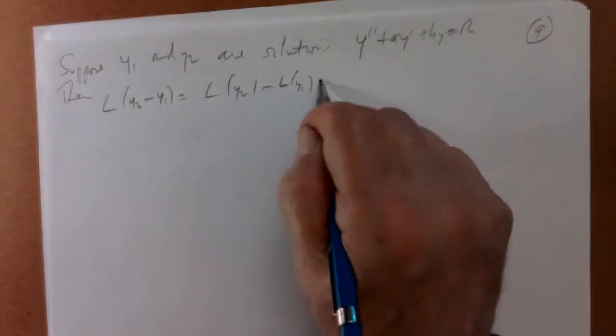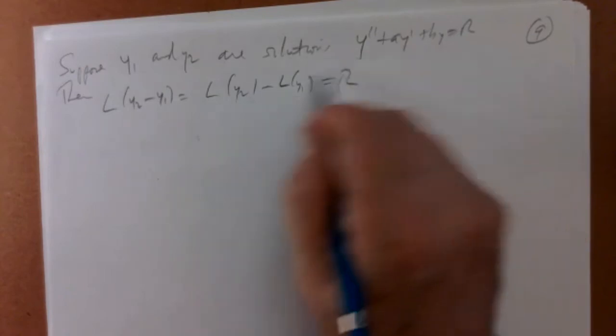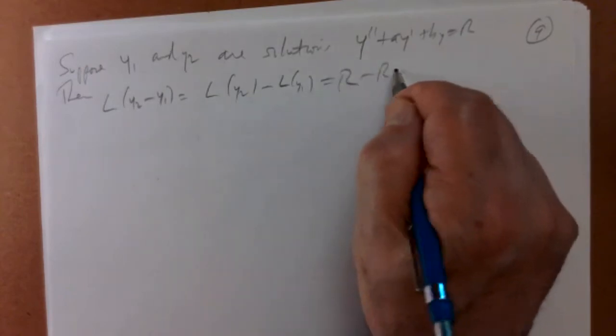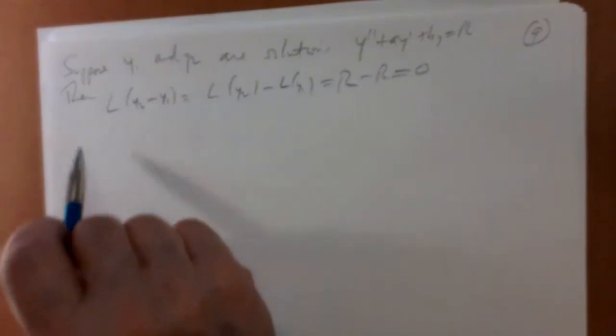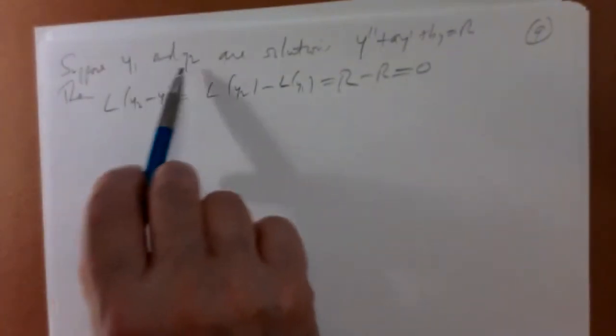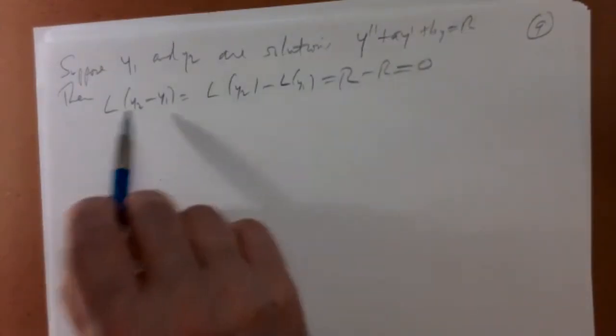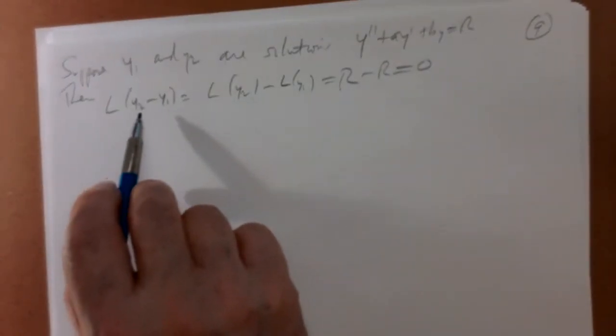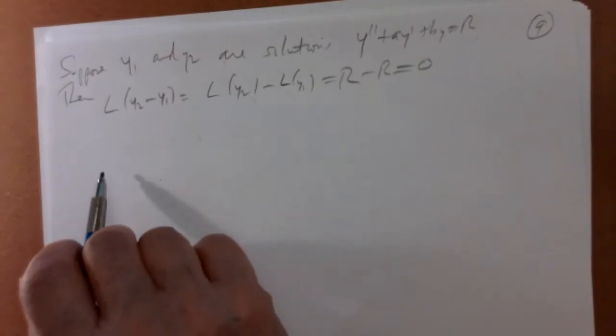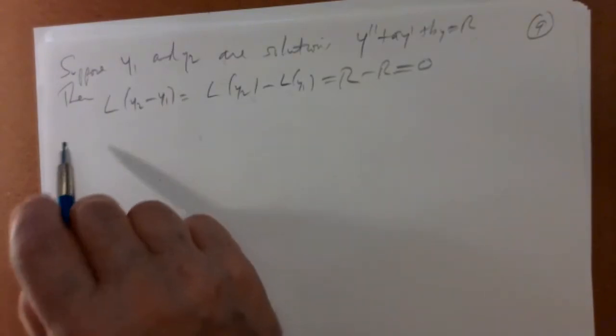So L of y2 is equal to r, L of y1 is equal to r, so we get 0. So if y1 and y2 are solutions of the inhomogeneous equation, y2 minus y1 is a solution of the homogeneous equation.